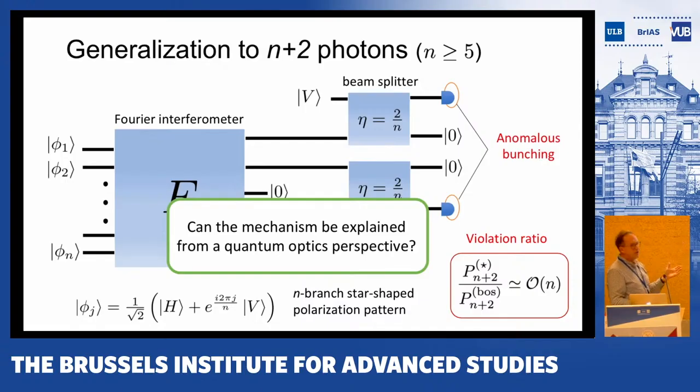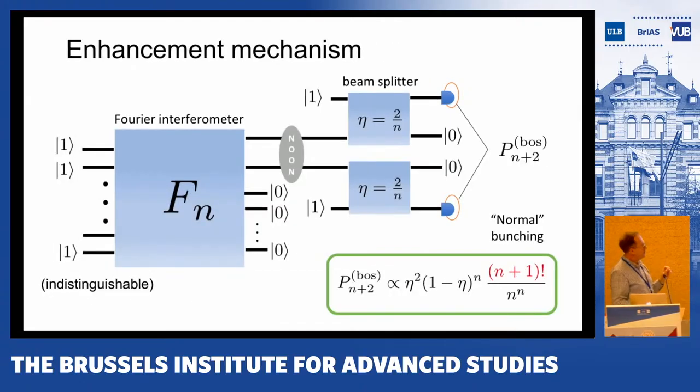So another interesting thing, I won't have time to explain it in all details, of course, but the thing is that now instead of just observing this violation, we may try to understand where it comes from, because we can understand it as an interferometer. And let me just give you a very short clue about how it works. So here, I consider as a benchmark the ideal case, where I have single photons all occupying the same polarization state, entering this interferometer.